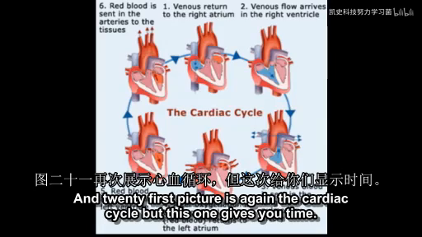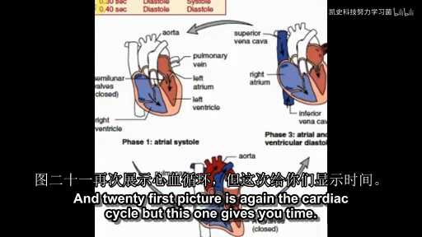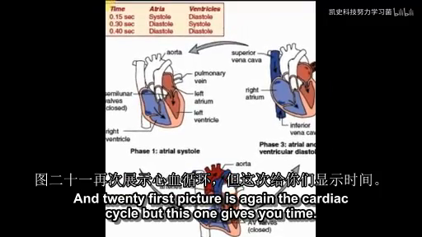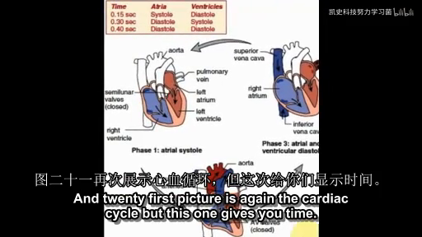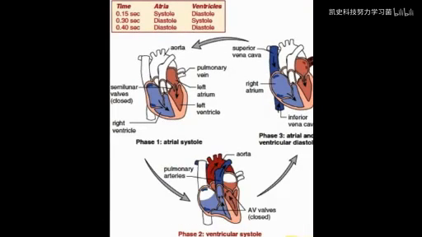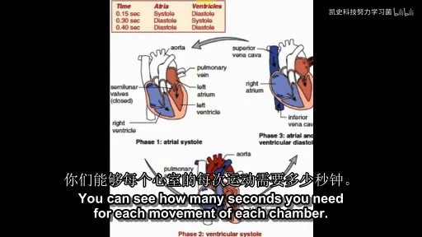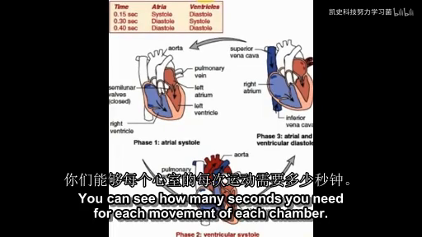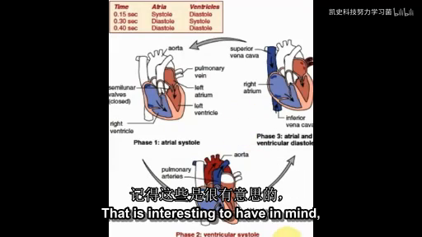And picture 21 is again the cardiac cycle, but it gives you time. You see how many seconds you need for each movement of each chamber.